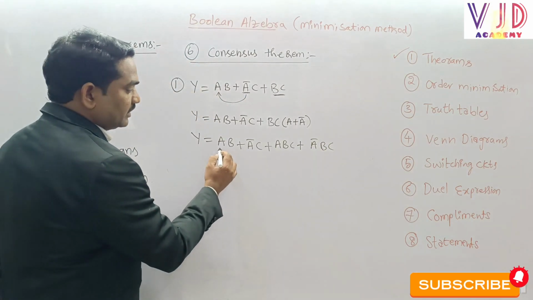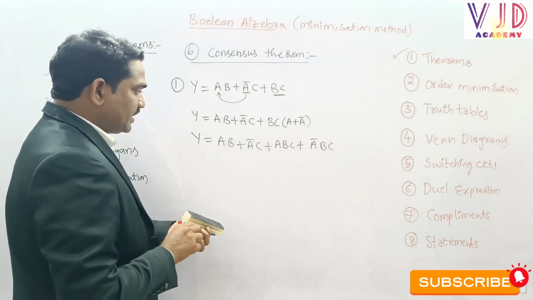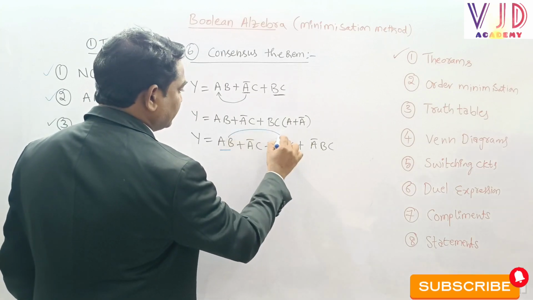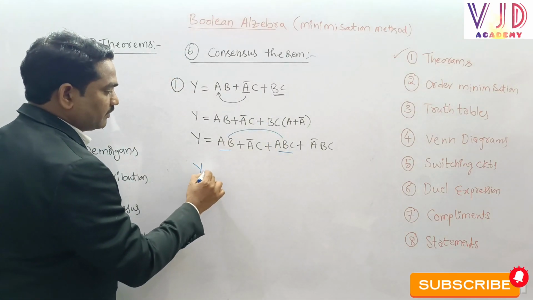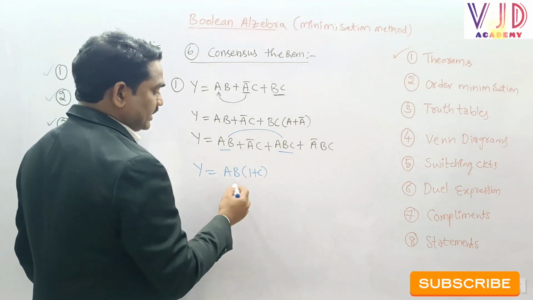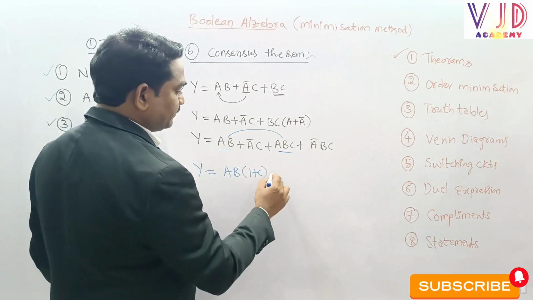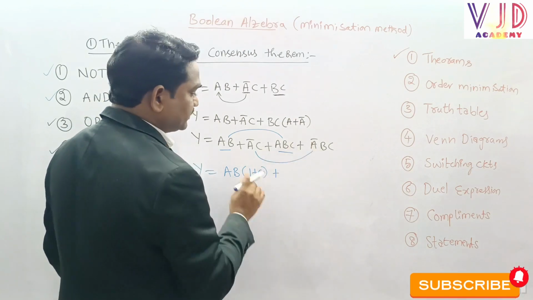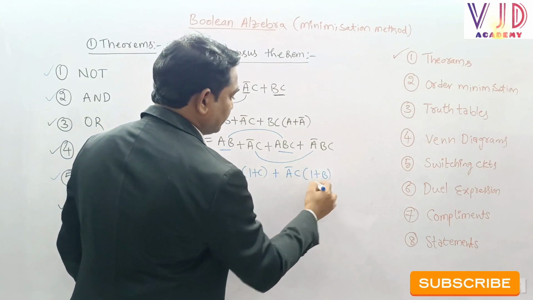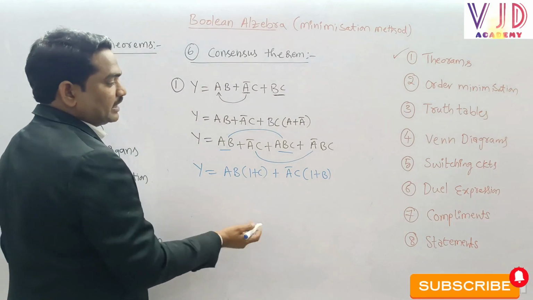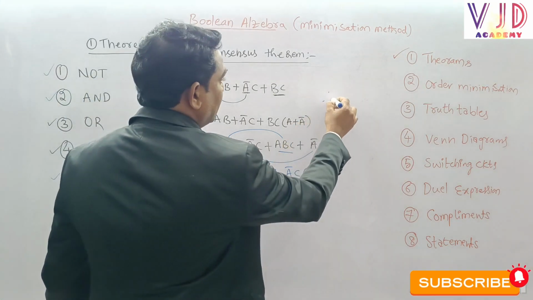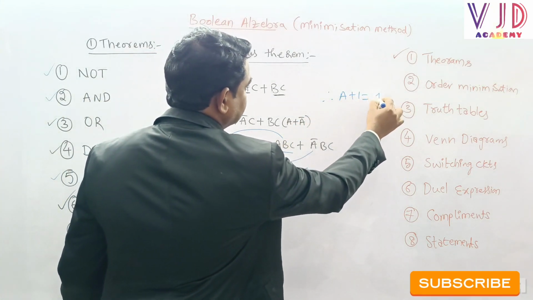Now I would like to take the first term AB, and the third term ABC. From these 2 terms I would like to take AB common, so 1 plus C remains. From the second and third terms, A bar C is common, and 1 plus B remains. Now 1 plus C or 1 plus B, according to the OR theorem we have seen, A plus 1 equal to 1.